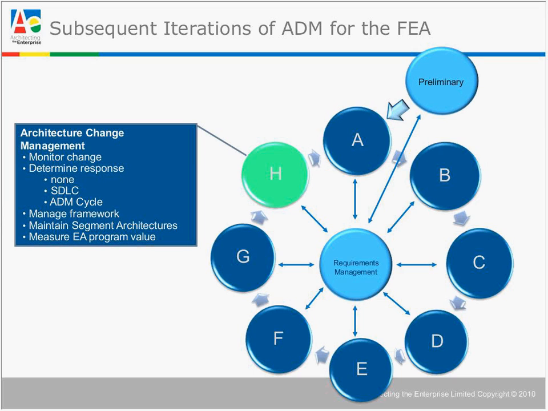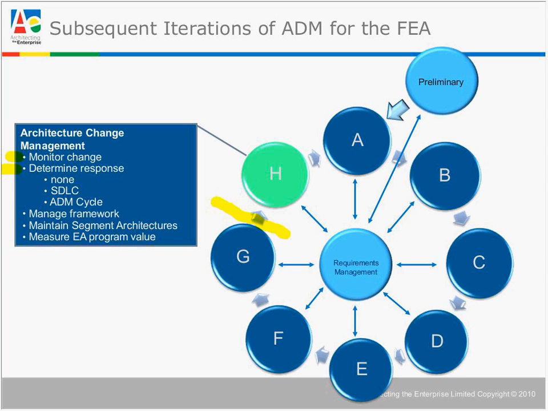Okay, architecture change management. At this point, you have physically instantiated your architecture. You are baselining the new architecture. So you go into change management. You're going to monitor change and determine the response. You receive change requests.